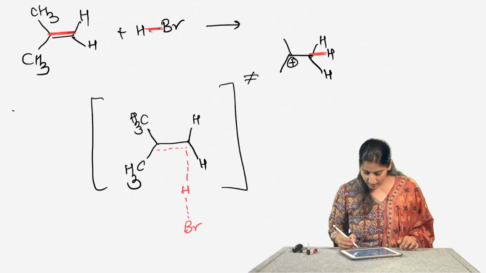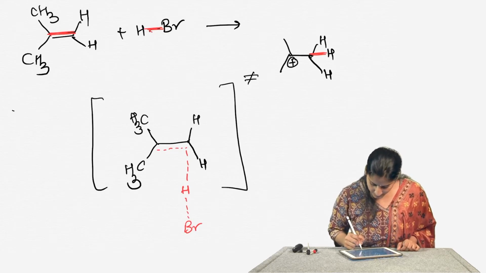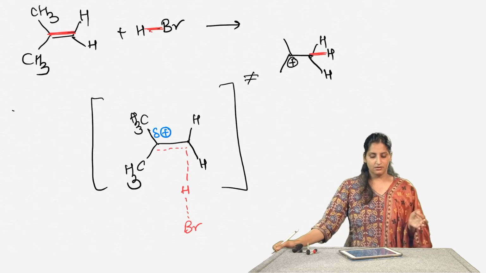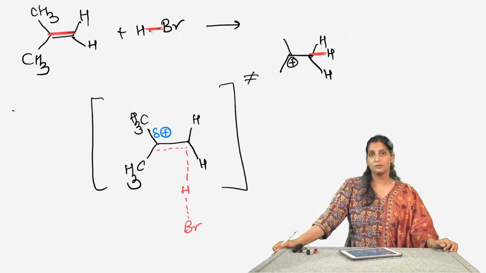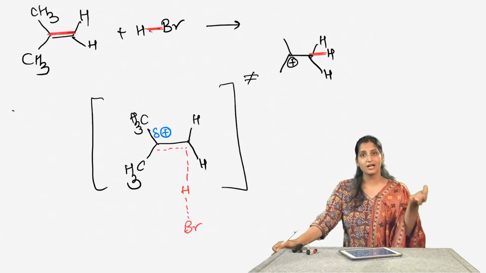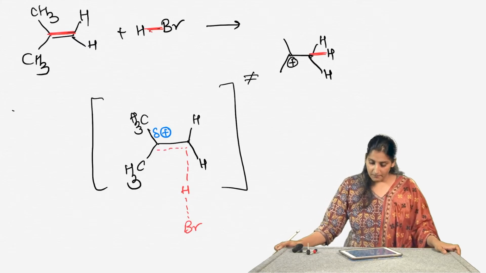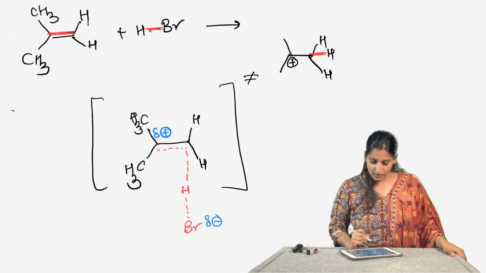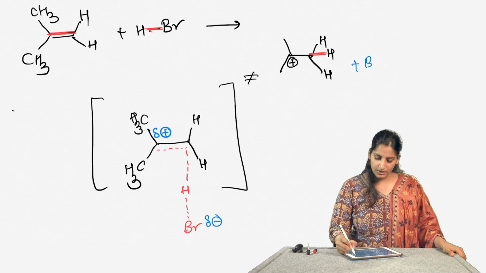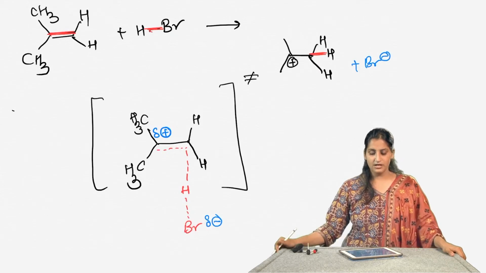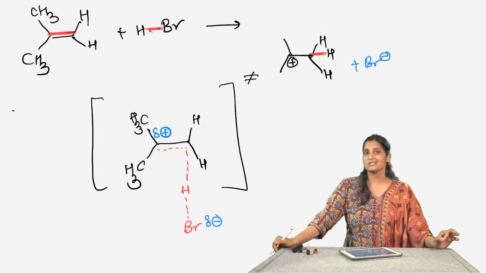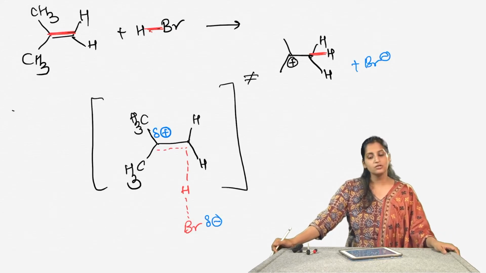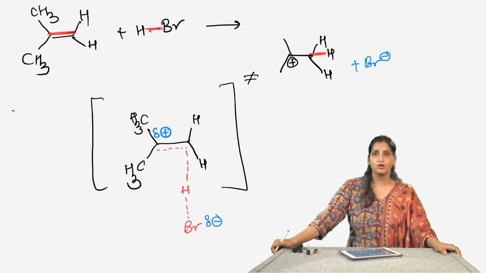So, the carbocation is going to form here, and that is where I am going to show a partial positive, because the first carbon of the carbon-carbon double bond is going to slowly start forming that positive charge. If you think about it, bromide is the end product as well, and bromide is going to be a fully negative charge. So, in the transition state, the Br is going to be partially negative. So, this is how the transition state for the first step will look.